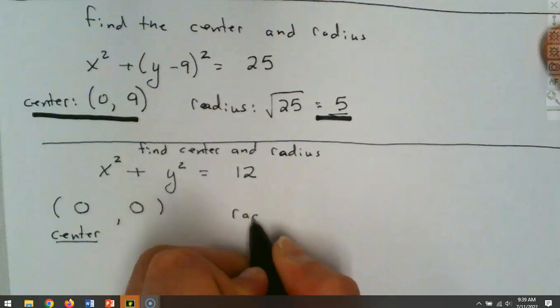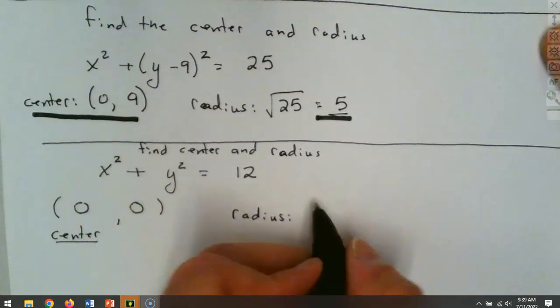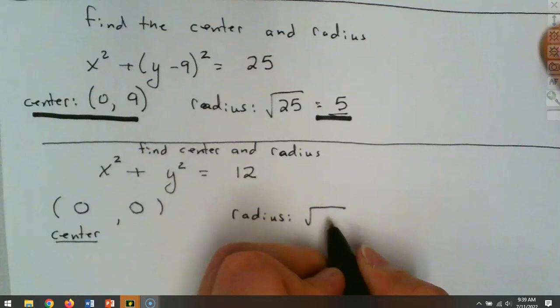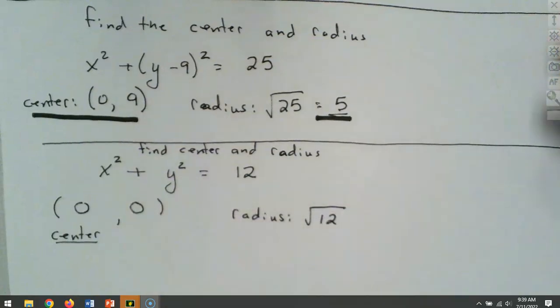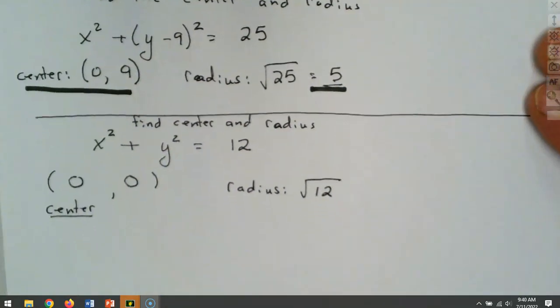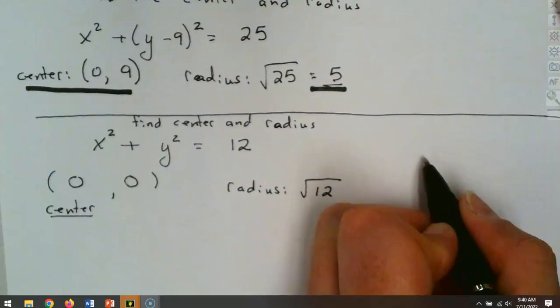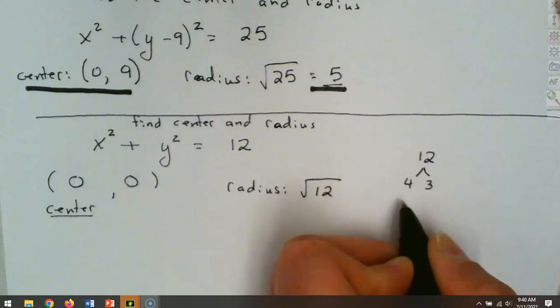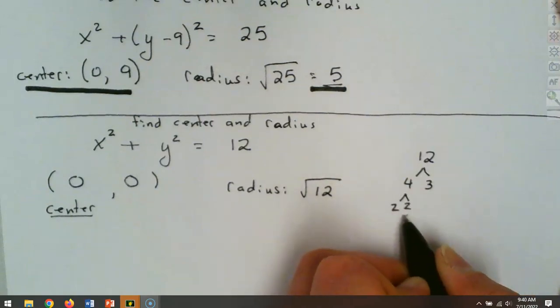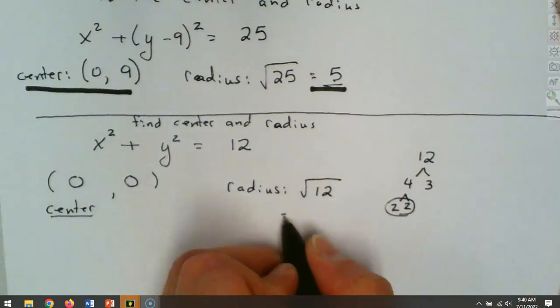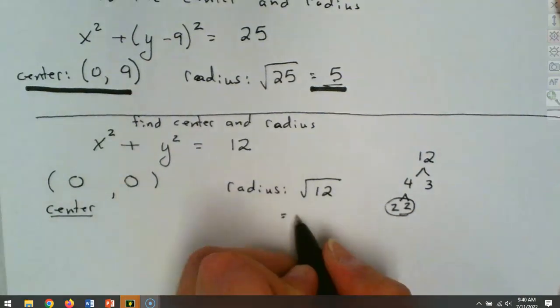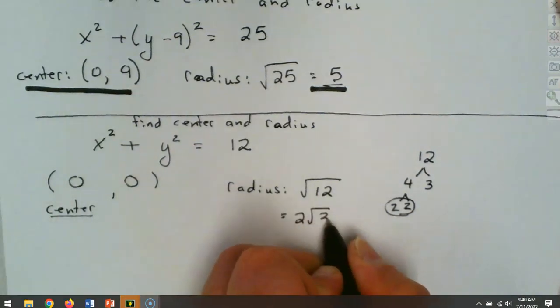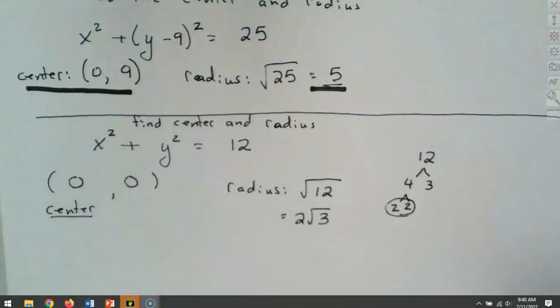Well, the radius is not just 12, it's the square root of 12. Whenever we have these square roots, we need to break them up if possible. 12 breaks up into 4 and 3, and 4 is a perfect square of 2 and 2. So the square root of 12 comes out as 2 square root of 3. And there's your center, and there's your radius. And that's it.